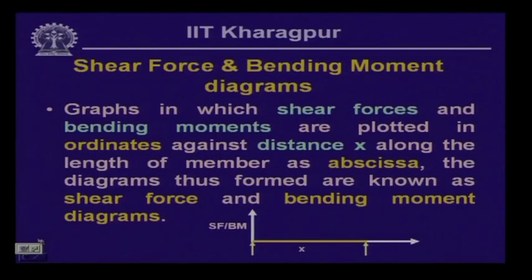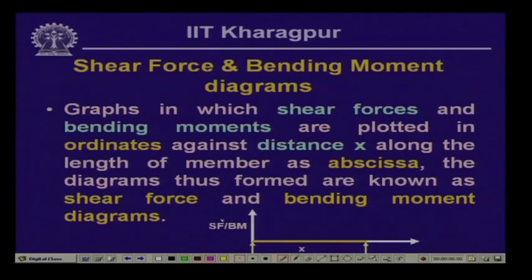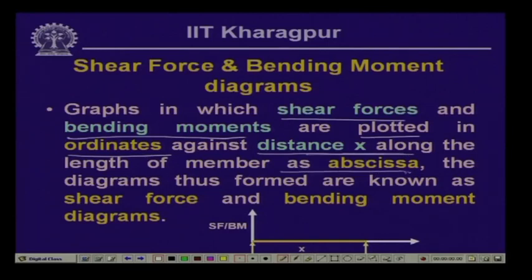Now, to find out the variation of the bending moment or the shear force along the length of the beam, the diagrams which we plot we call shear force and bending moment diagrams. So, this is what is defined here: the graphs in which shear forces and bending moments are plotted as ordinates against distance x along the length of the member as abscissa.